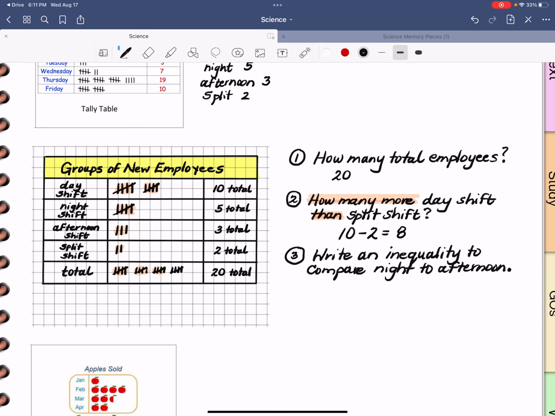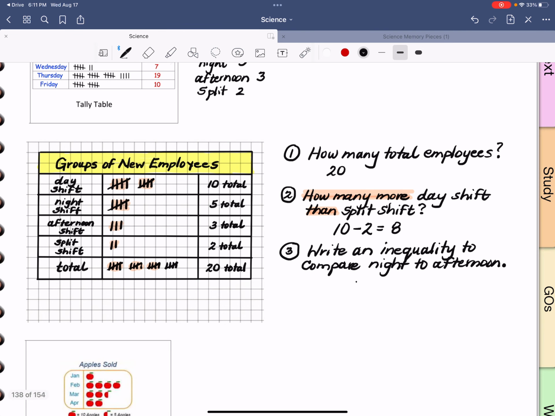Okay, so we're going to take the night number, which is 5. We're going to take the afternoon number, which is 3. Which of those is more? Which of those is larger? 5 is greater than 3. And that is what we mean by an inequality.